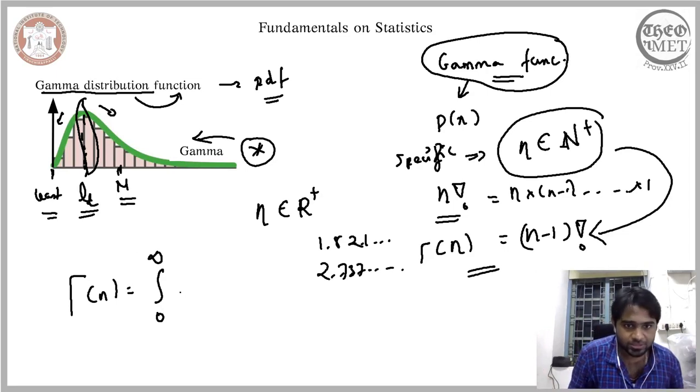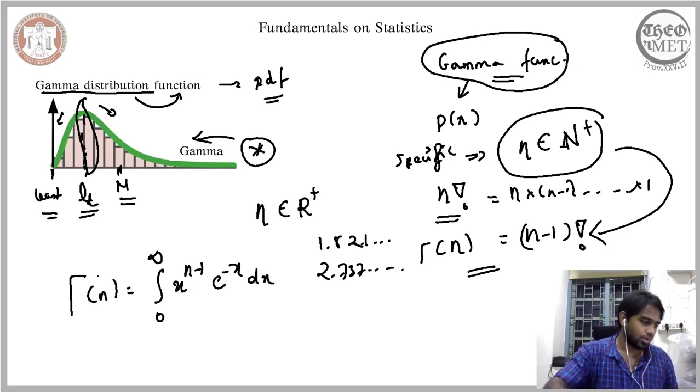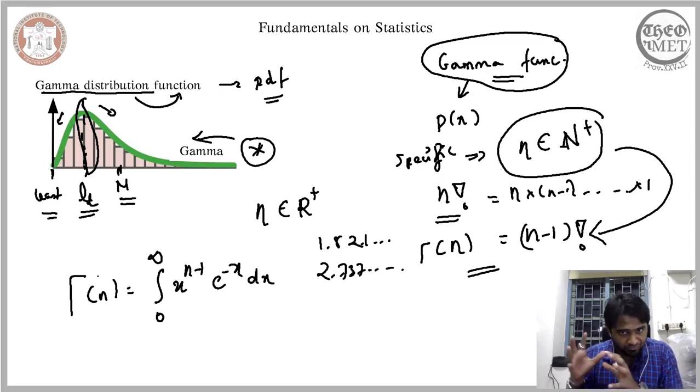So it will be x power n minus 1 and e power minus x dx. So when you have a variable that can assume a value of a positive real number, the gamma function for that variable is expressed in this manner.